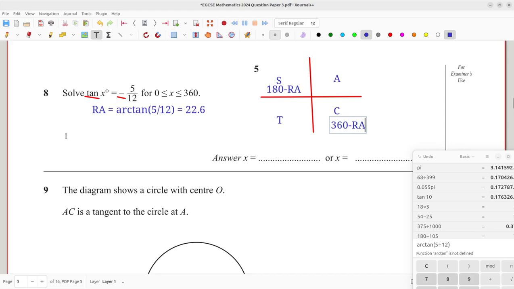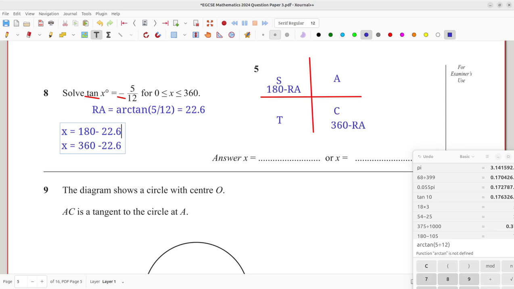So x is equal to, second quadrant, 180 minus 22.6, or x is equal to 360 minus 22.6.